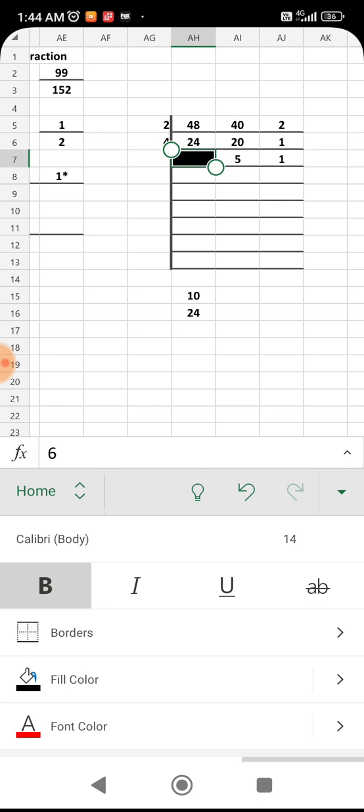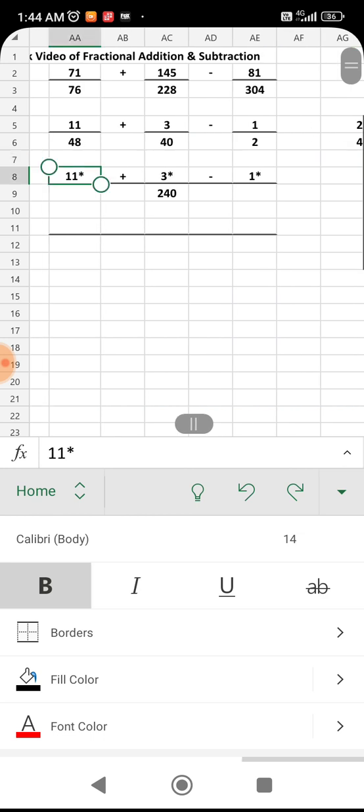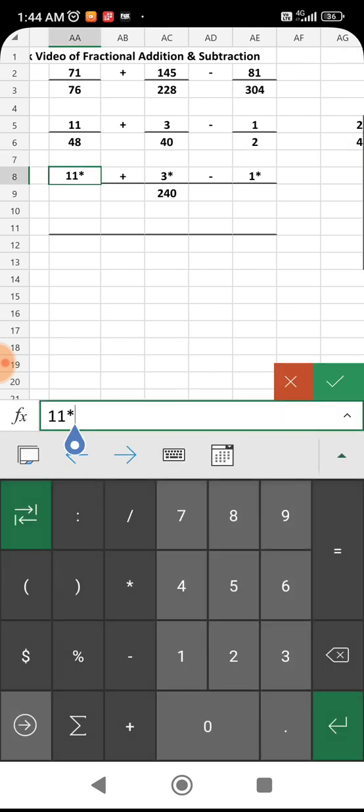I am covering 6, 4, 24 into 2, 48. 48 is covered. What is remaining? 5 and 1. That means 5 into 1, 5. So we have to multiply this with 5.